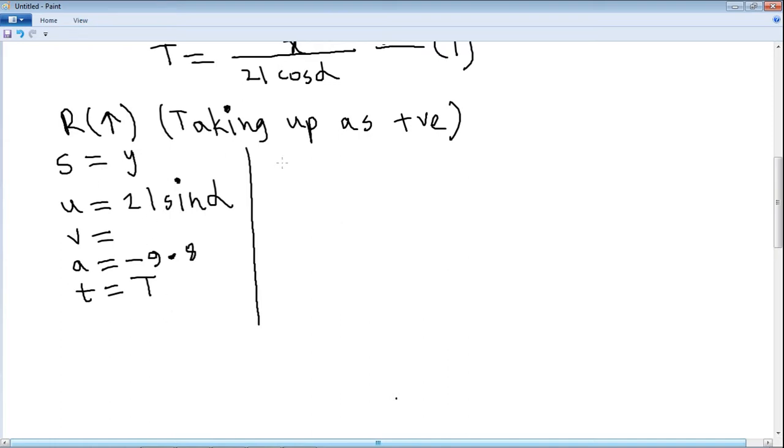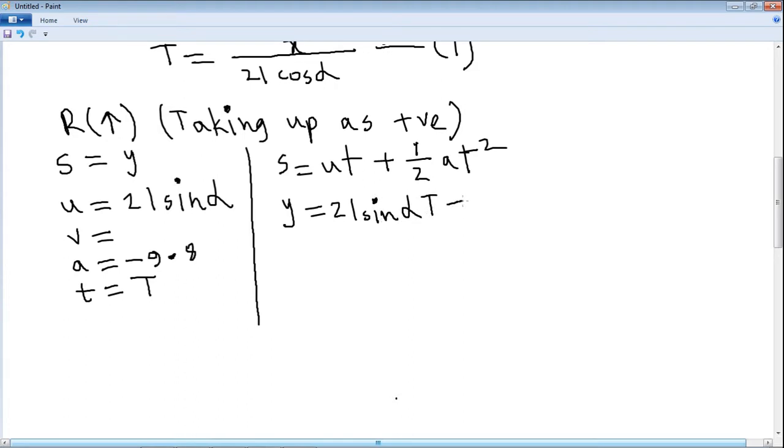Okay, so the suitable equation is S equals ut plus half at square. So here S is y, u here is 21 sine alpha, t, plus half, minus 9.8, t square.